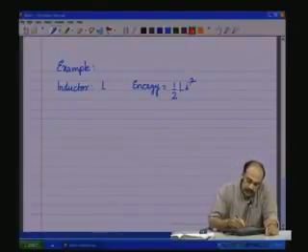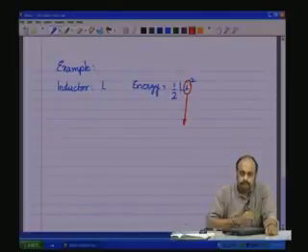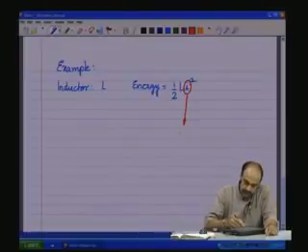This current here is the means by which the energy is getting stored, and this current is a candidate for state variable.